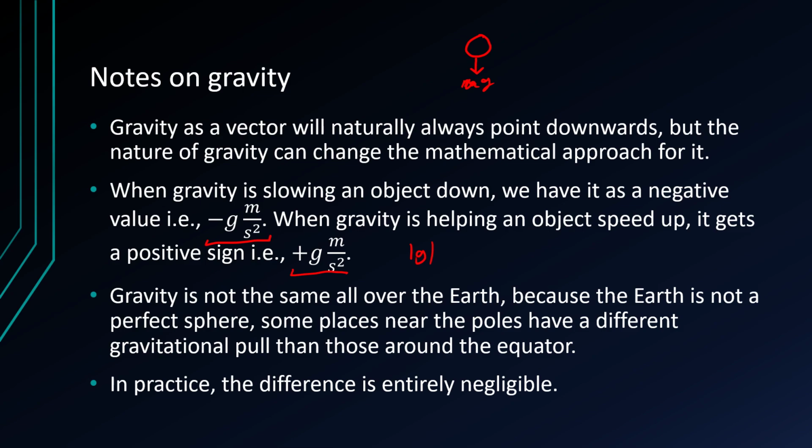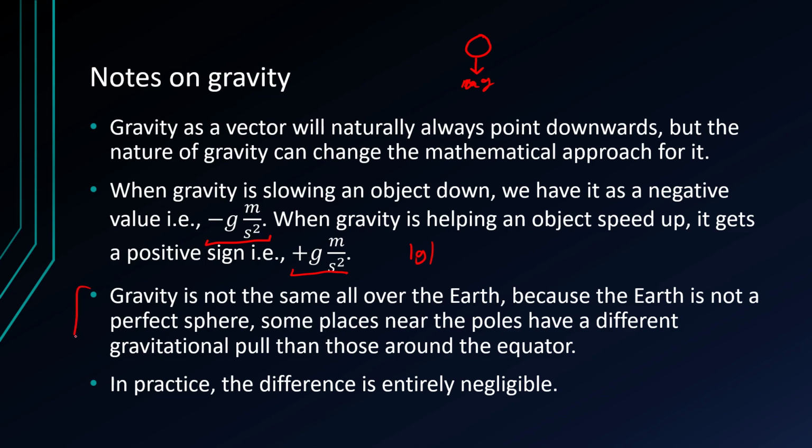A modeling assumption as well that we're going to use is that gravity is not actually the same all over the Earth. If you've looked up videos of people pouring water off the Hoover Dam, the gravity is actually slightly stranger there because of a lot of things. As well as that, there are places on Earth where gravity appears inverted, and especially even at the North Pole, the gravitational acceleration is slightly weaker than, say, around the equator.